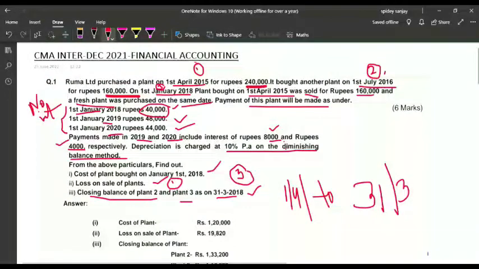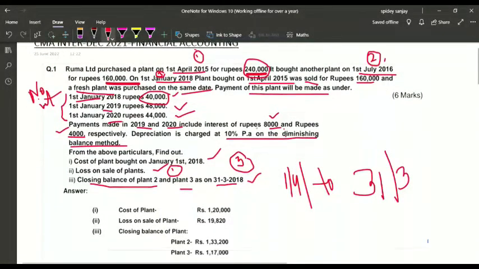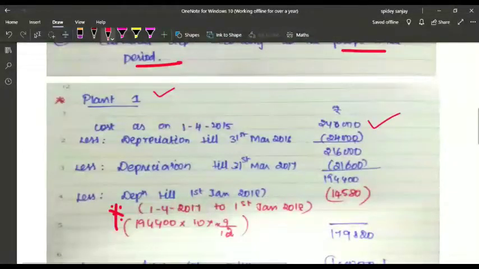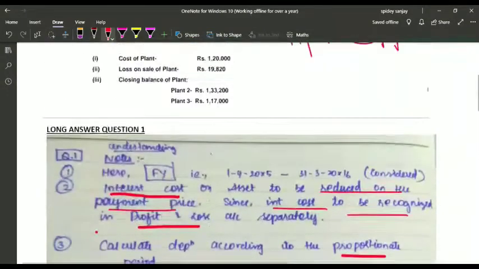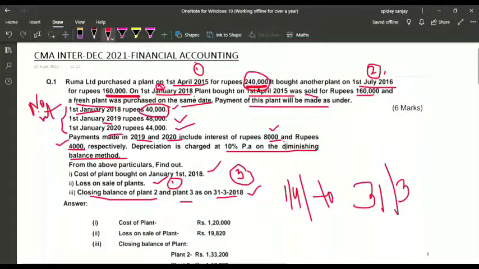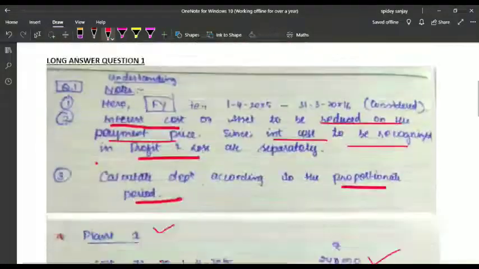Then depreciation: it is sold on 1st January 2018, so till 1st January 2018 we need to calculate the depreciation.